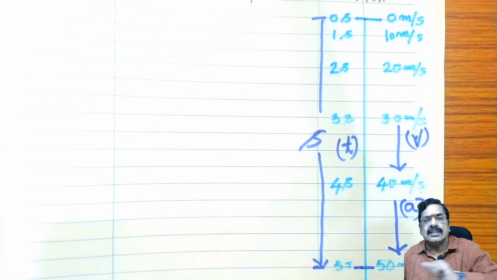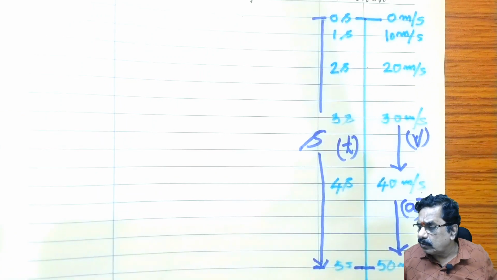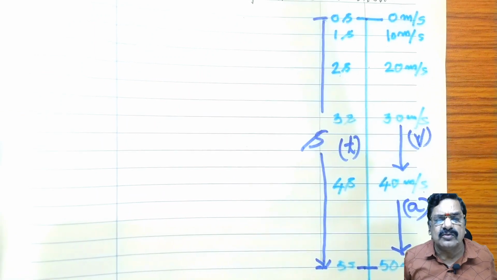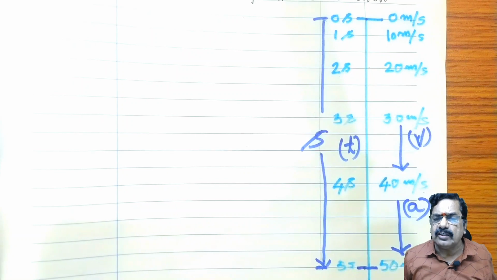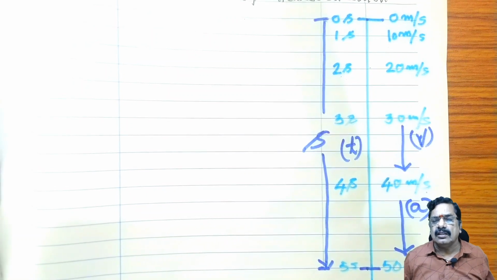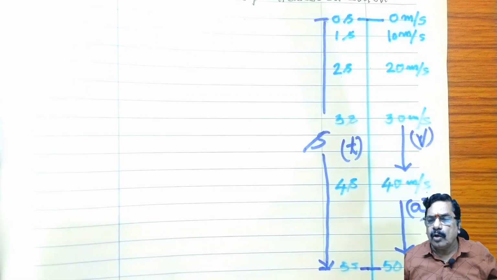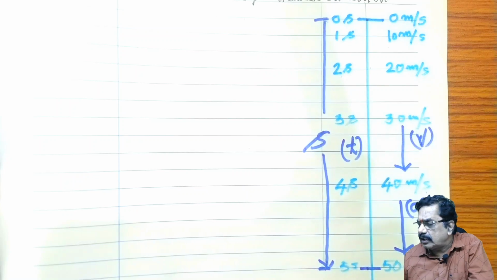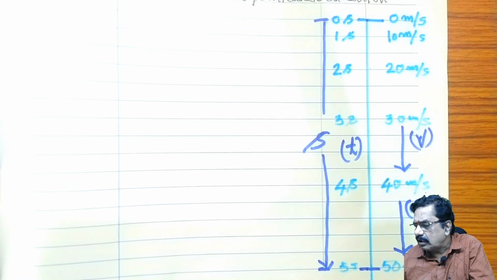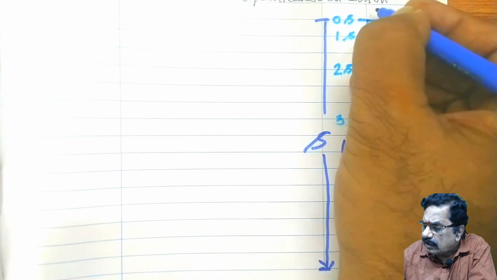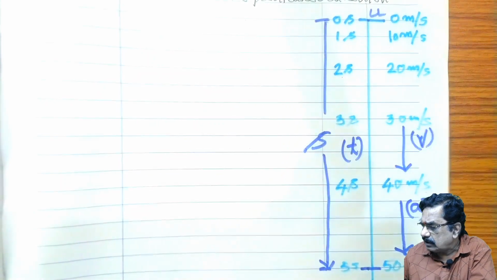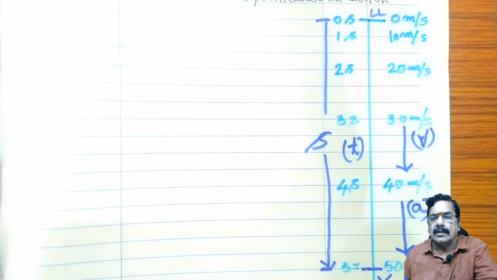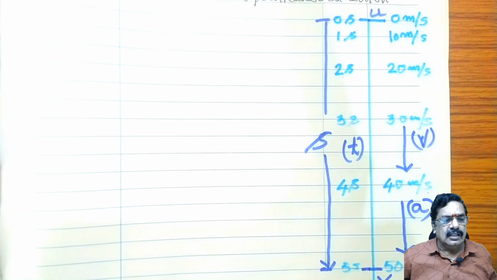This is the thing which is happening here. Now we are going to see the equations of the motion. First I will write the equations of the motion, then you see how all these quantities are related. And one more point, here it is initial velocity, here it is final velocity.